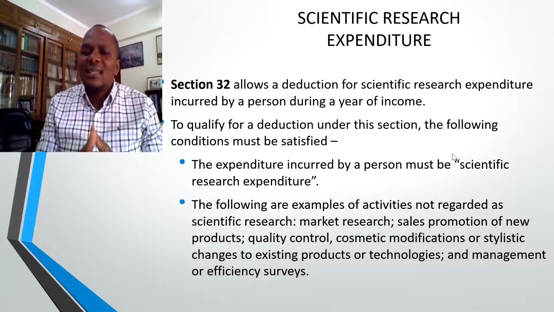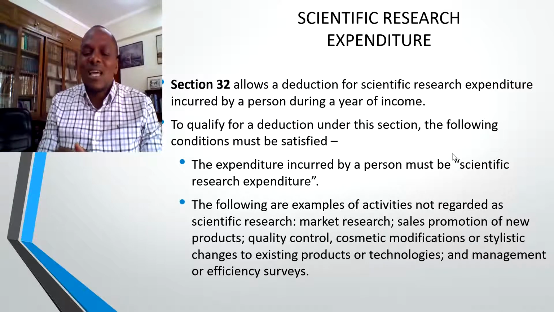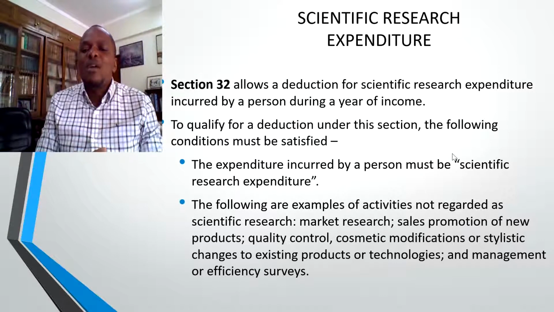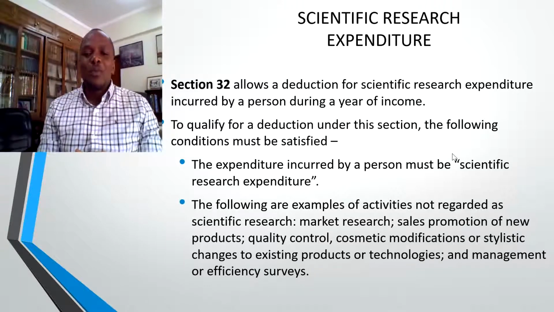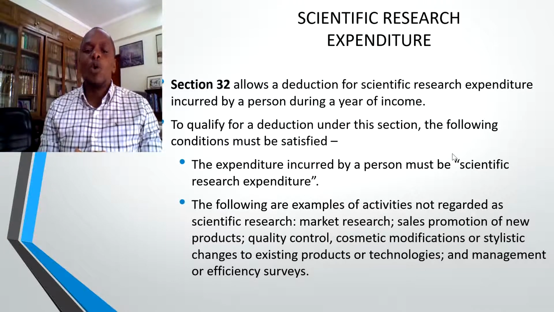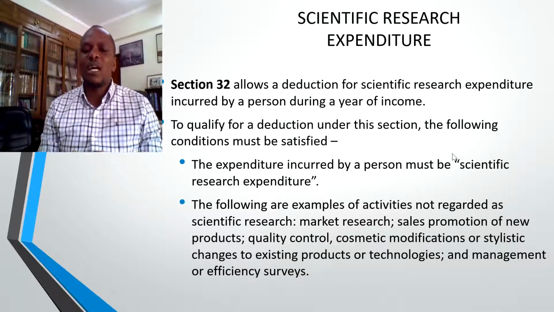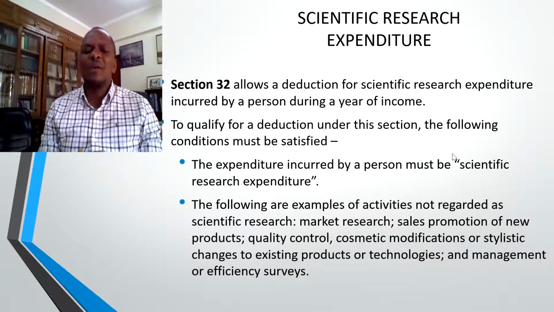One, again, the expenditure incurred by the person must be scientific research expenditure. What is scientific research expenditure? That definition is broad and it's defined under the Act. But some examples of things which may not be regarded as scientific research include doing market research, sales promotion of a new product, quality control, cosmetic modification or stylistic changes to existing products or technologies, and management or efficiency surveys.